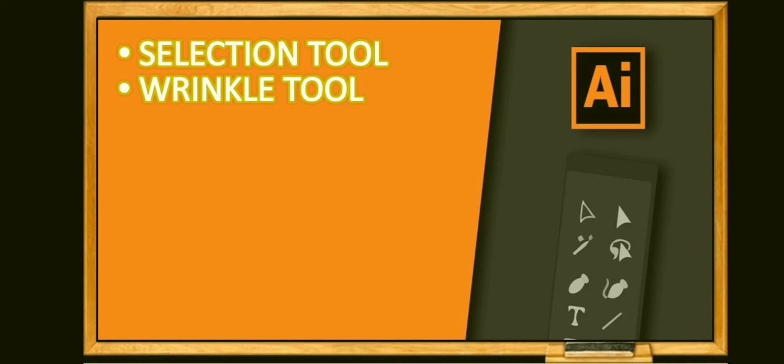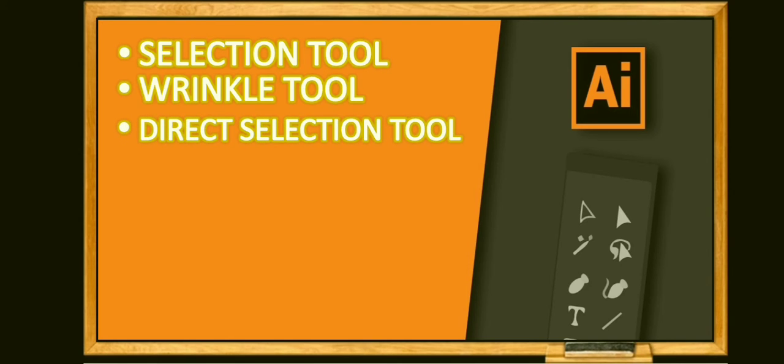The wrinkle tool adds wrinkle-like details to the outline of an object. Next, the direct selection tool. The direct selection tool selects points or path segments within an object.